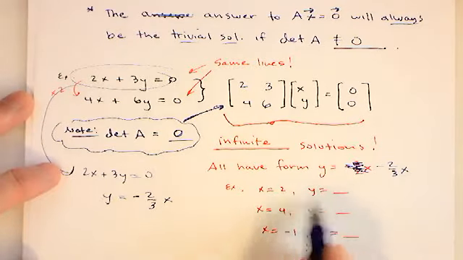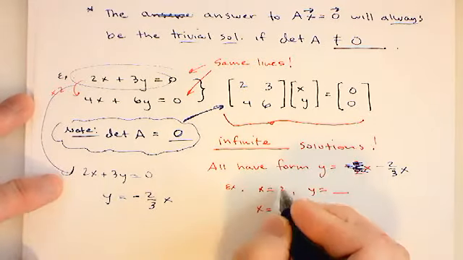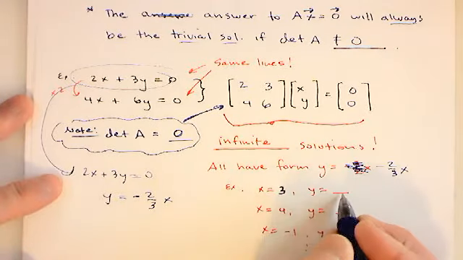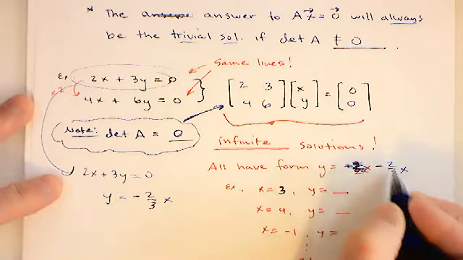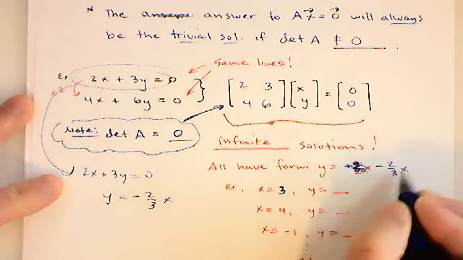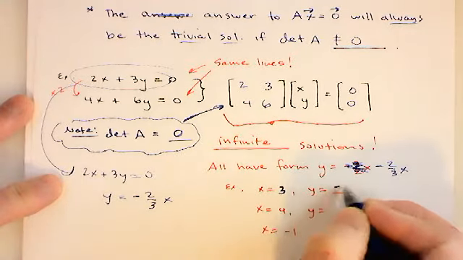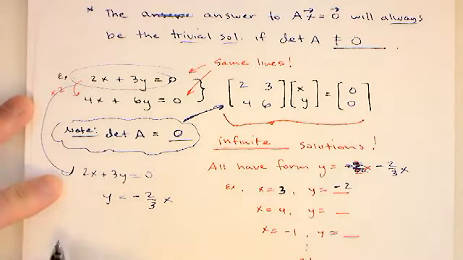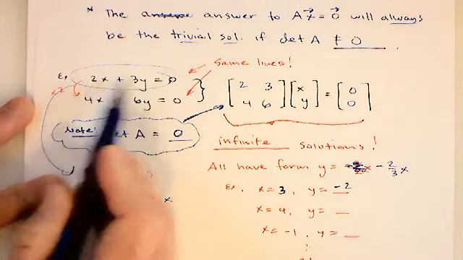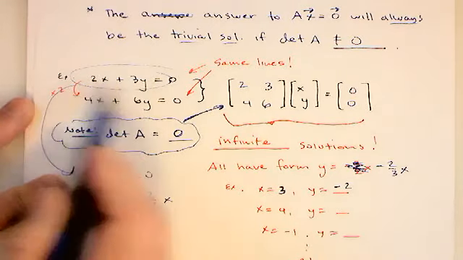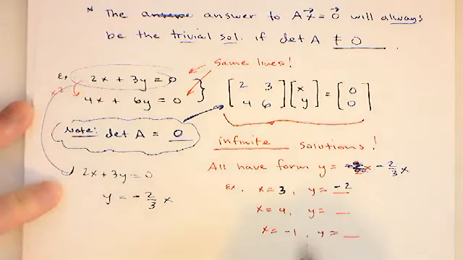So for example, let me change my entry value. If x was 3, and my solution is always y equals negative 2/3 x, I could plug in 3 here and see that my answer for y would be negative 2. And if you plug in 3, negative 2 here, you get 6 minus 6, which gives you 0.